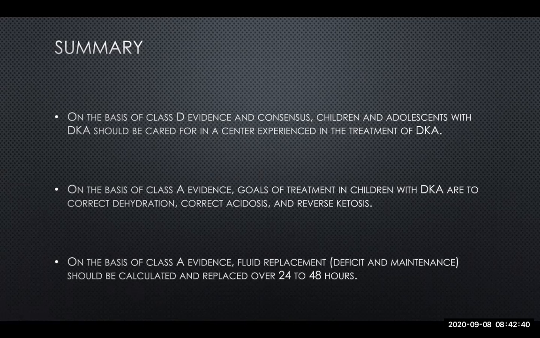Class A evidence is that the goals of treatment in children with DKA are to correct the hydration, correct the acidosis, and reverse the ketosis. Also Class A, fluid replacement must cover the deficit and the maintenance, and should be calculated and replaced over 24 to 48 hours.